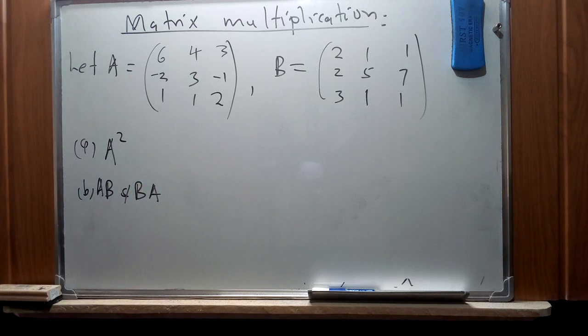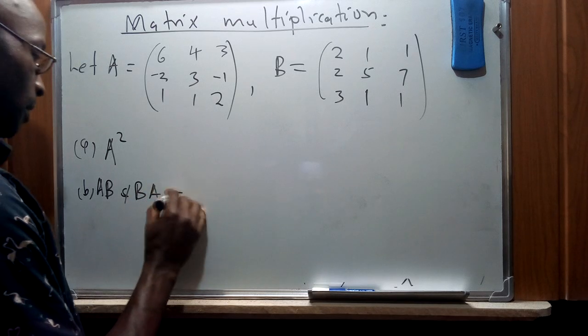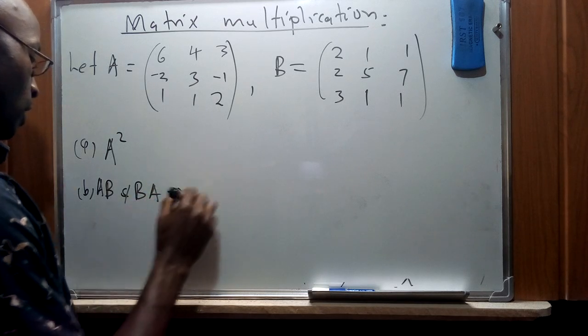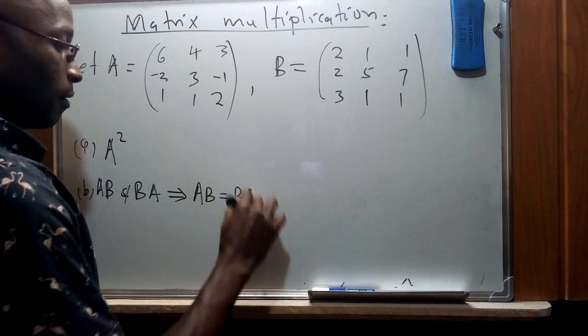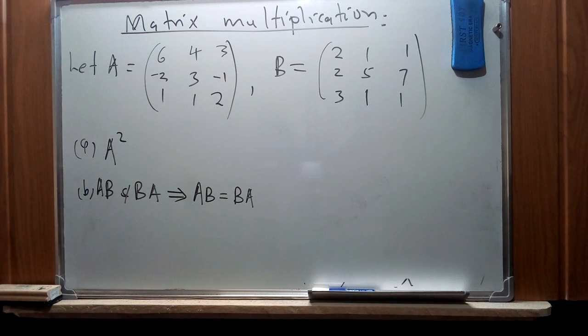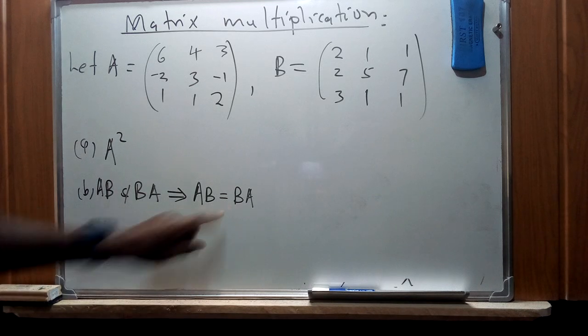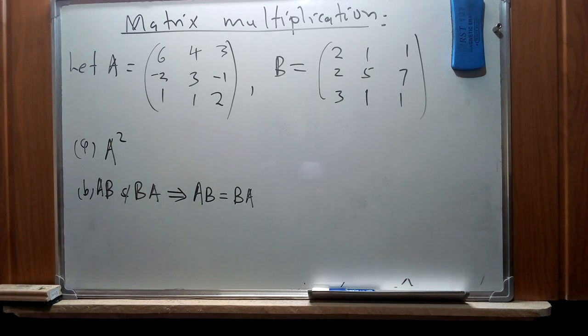We are going to find these matrix products for the matrices that I've written and see whether, for these two examples, AB is equal to BA. So we are trying to determine the commutative aspect of multiplying two matrices, that is, whether if we commute them, we find the same solution.